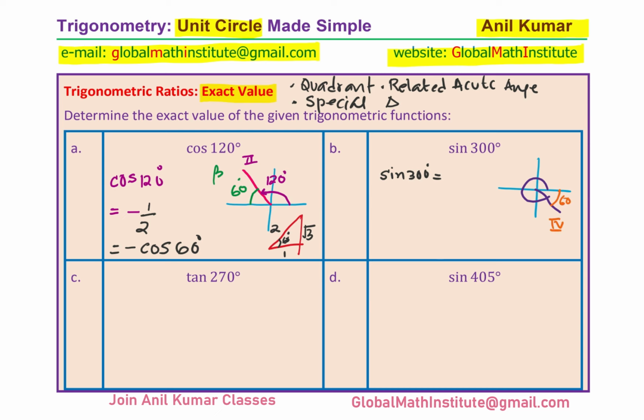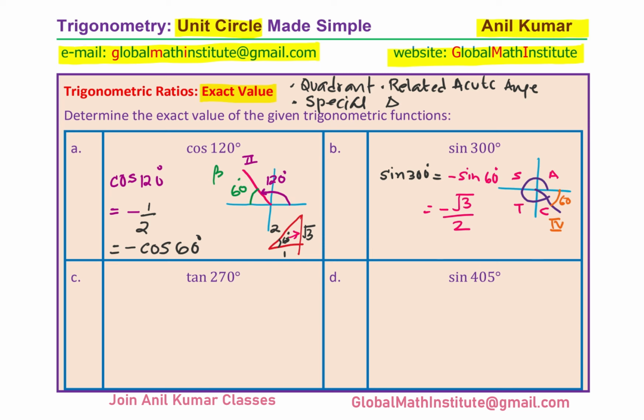Sine is positive only in quadrant 1 and 2. So we could write this as the negative value of sine of 60 degrees. Let's again look into this triangle, the opposite side being square root 3. So it becomes negative square root 3 over 2. Makes sense? So that is how finding the quadrant, related acute angle, and relating with the special triangle helps us to find the answer quickly. Perfect?